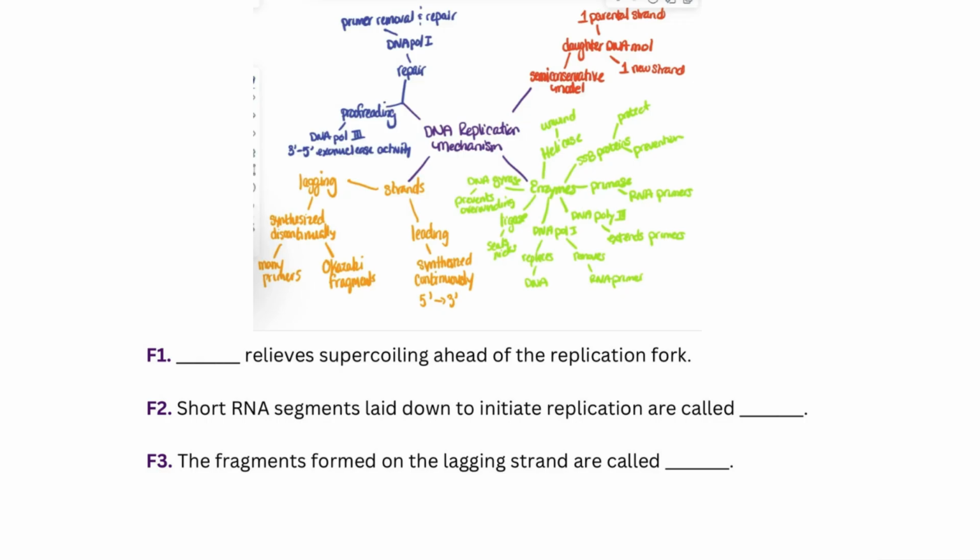Quick recall fill-in. Number 1, blank relieves supercoiling ahead of the replication fork. Again, you can put your answers in the chat. Use your micro mind map to answer these questions. Number 2, short RNA segments laid down to initiate replication are called blank.